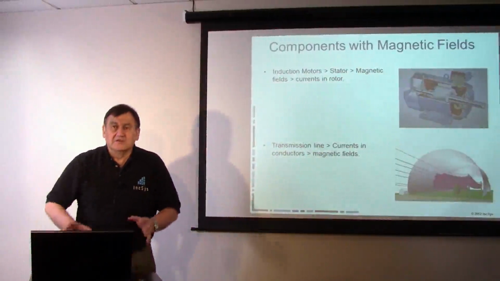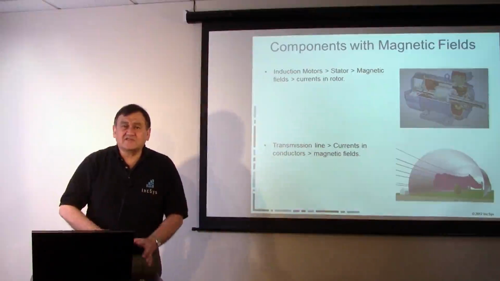Now, why do we need reactive power? Well, basically, there are two reasons. One is that anytime we have a magnetic field, we have a current that has to serve that magnetic field. Induction motors have a magnetic field.